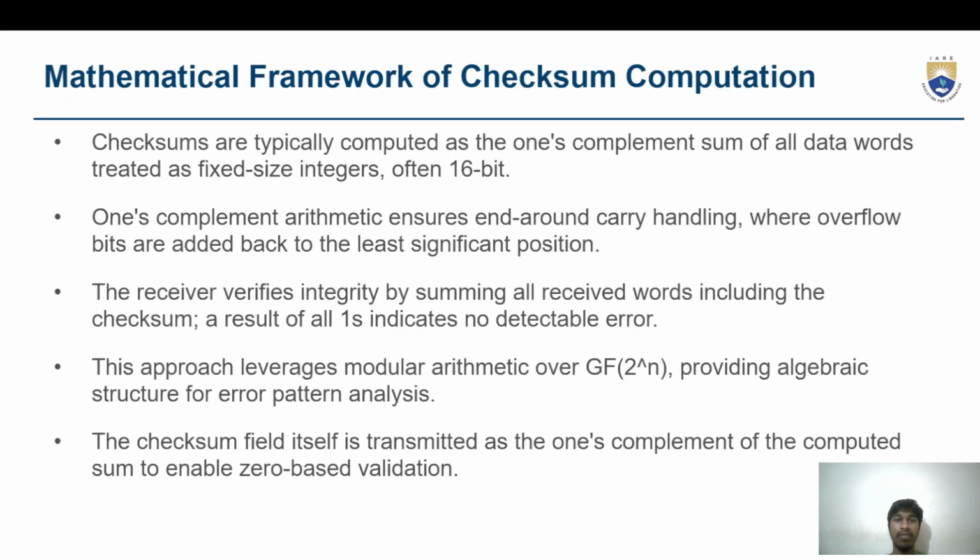Mathematical framework of checksum computation. There is a mathematical framework for checksum computation which helps in a more reliable and simpler way, avoiding complexity. Checksums are typically computed as the one's complement sum of all data words treated as fixed-size integers, often 16-bit. One's complement arithmetic ensures end-around carry, where overflow bits are added back to the least significant position.